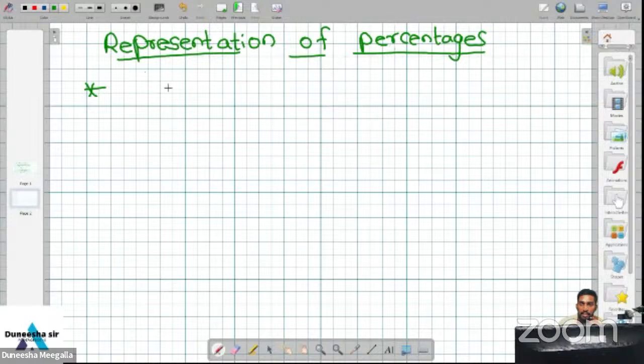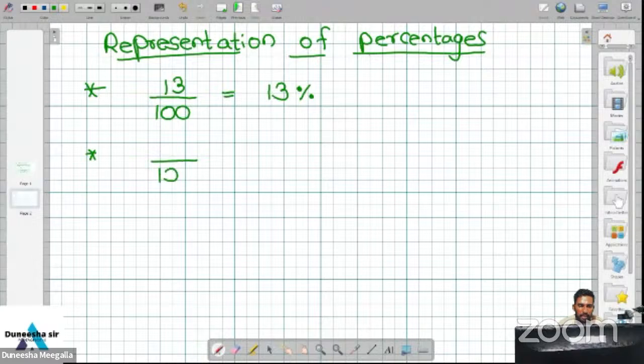I am shading 13. What is the fraction? 13 over 100. Then we represent it with the percentage mark. What is the percentage? 13%.